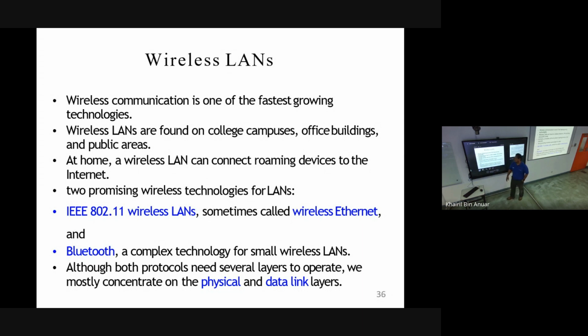The technology standard is based on 802.11. This is also sometimes called wireless internet. Bluetooth can be one of it, but usually I define it as a personal area network or PAN.